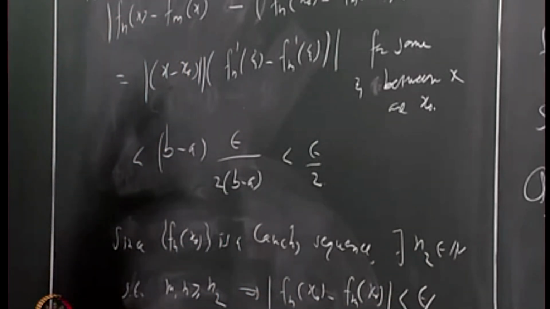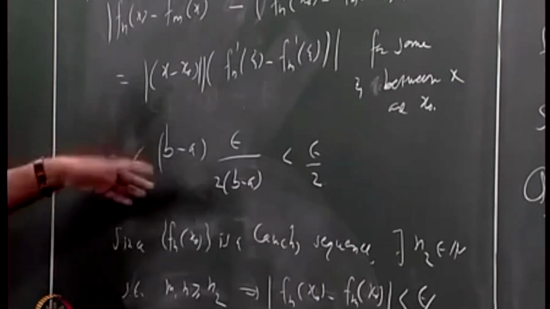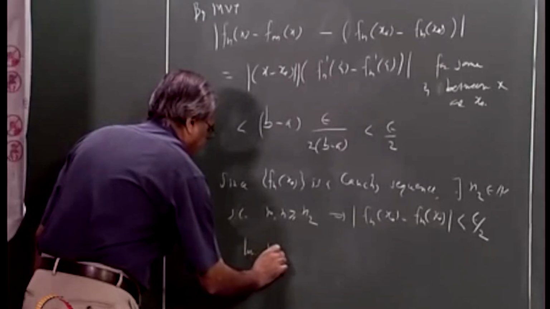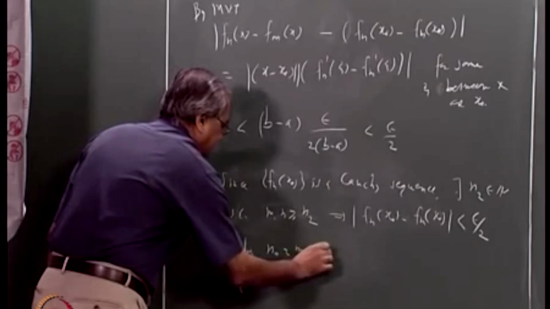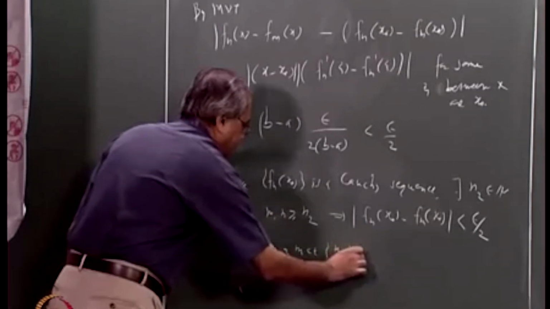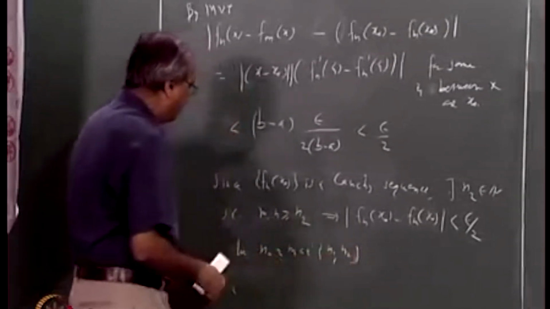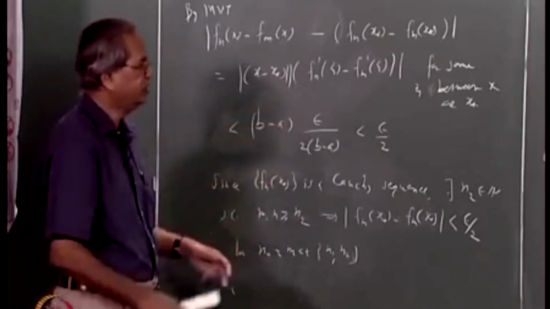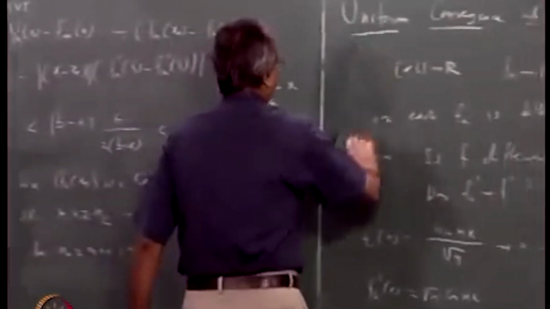What is to be done after this is clear. You take n0 as the maximum of n1 and n2, then for m and n bigger than or equal to this n0, both of these inequalities are satisfied. Let us continue here.